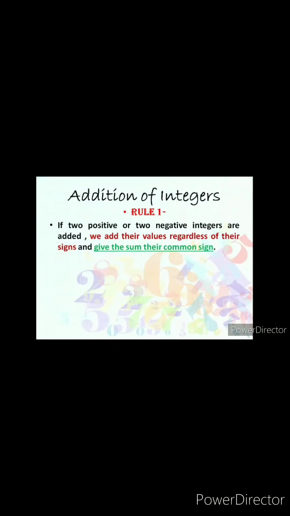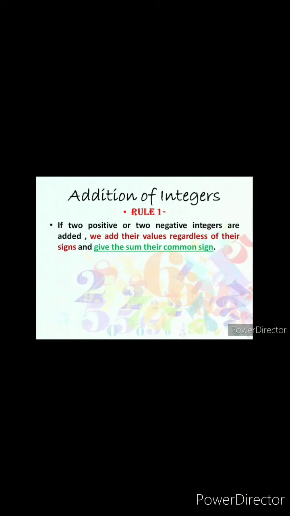When you have been given two numbers to add, the first possible case is that both of the numbers may be positive or negative. So rule 1 is for that case only.